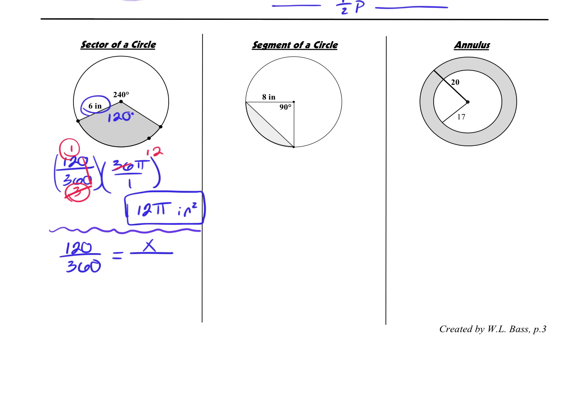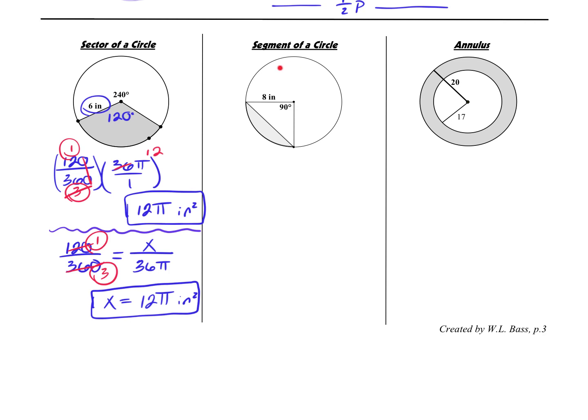So same exact idea. So I'm going to fill in my 36 pi. Again, I can reduce this. This is going to become a 1/3. If I solve this cross multiplying, I'm still going to get 12 pi inches squared. Okay, so 2 methods for that one.